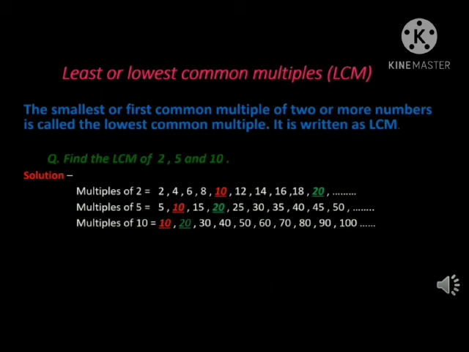So we can say that the common multiples of 2, 5 and 10 are 10, 20 and so on. From the definition of LCM, the smallest or the first common multiple of two or more numbers is called the lowest common multiple. So here the lowest common multiple of 2, 5 and 10 is 10.